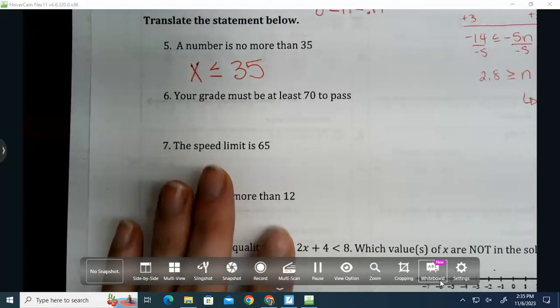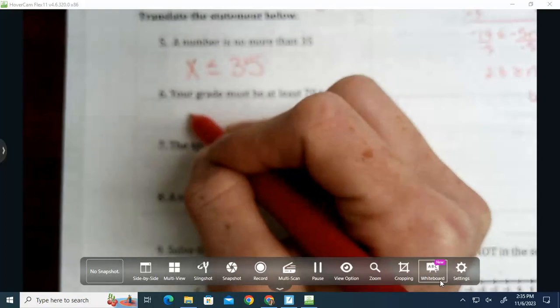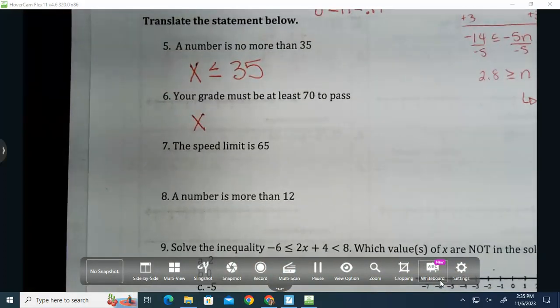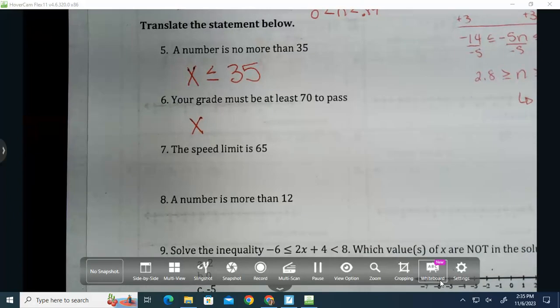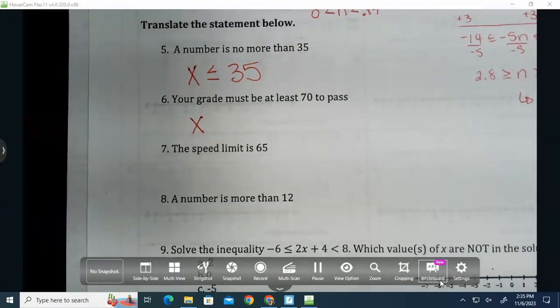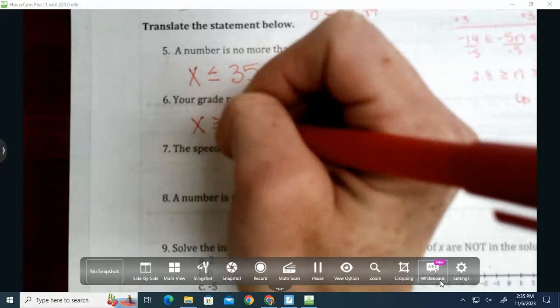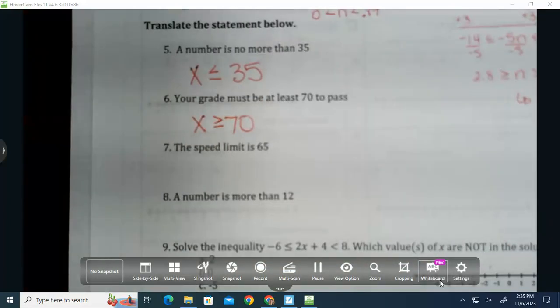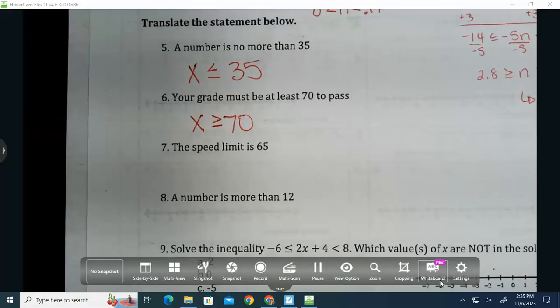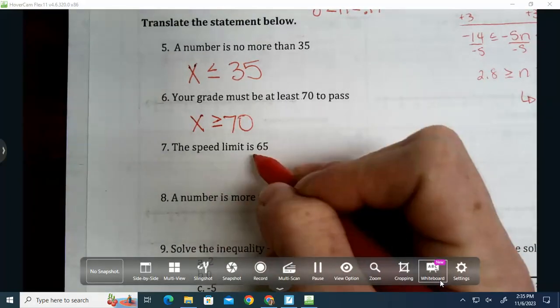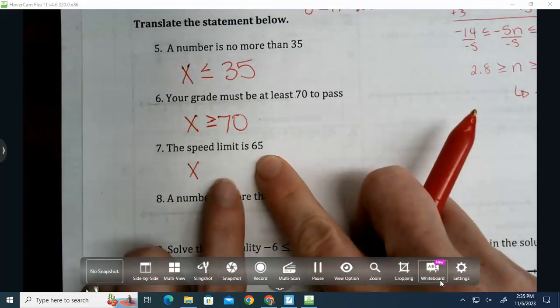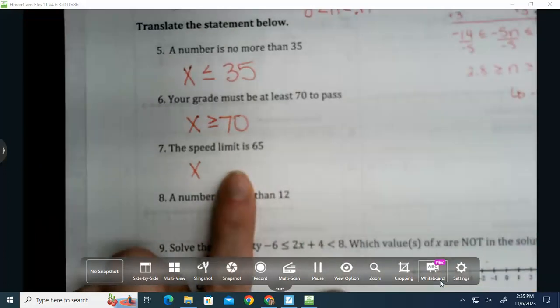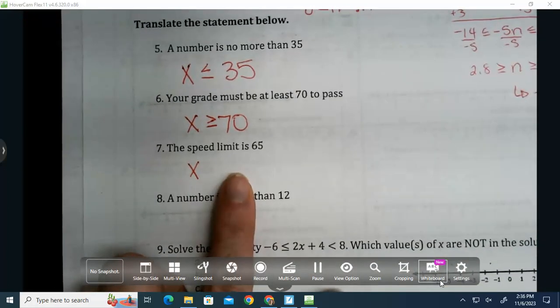Your grade, so our grade we could call X, must be at least 70 to pass. So at least 70. That means what could it be? Right, it's that much or above, so greater than or equal to 70. The speed limit, so that's X, equals 65, but let's think of this in terms of an inequality. The speed limit, when you're driving, can you go above the speed limit? No. Can you go below?